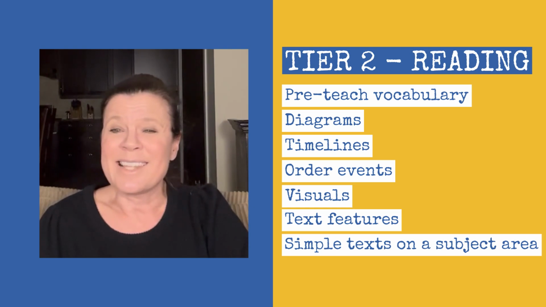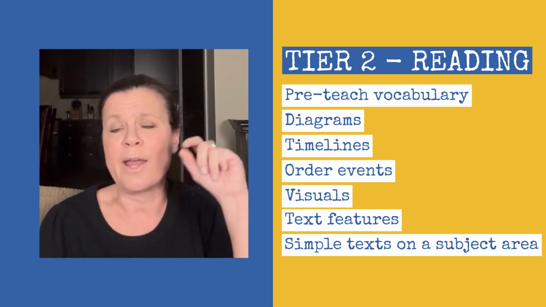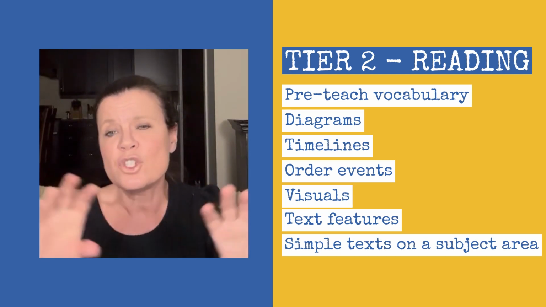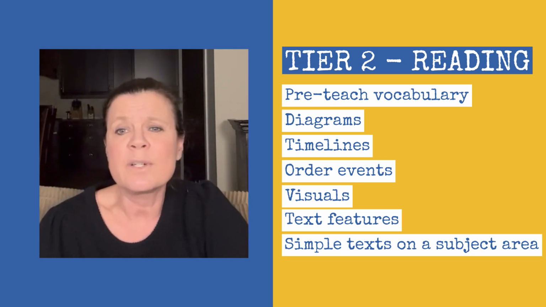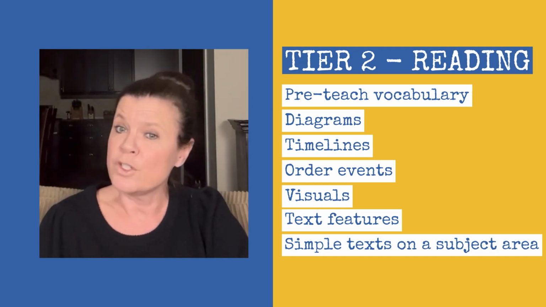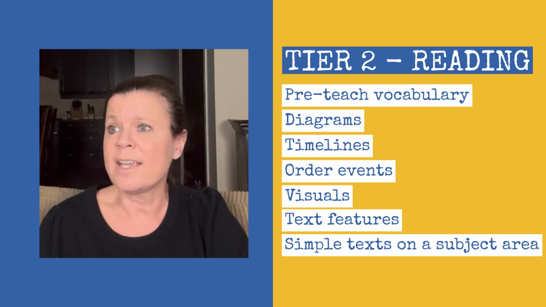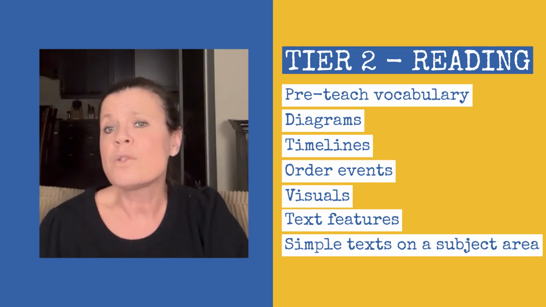Also, using things like timelines or providing bullet points that order events next to a text, for example, in social studies, if it's history related, will help your beginner ELLs out. Visuals, finding a lot of visual materials to go along with the text, will also help your students in their comprehension.